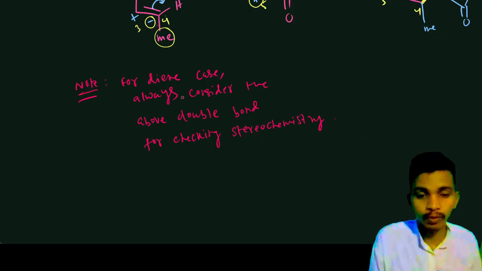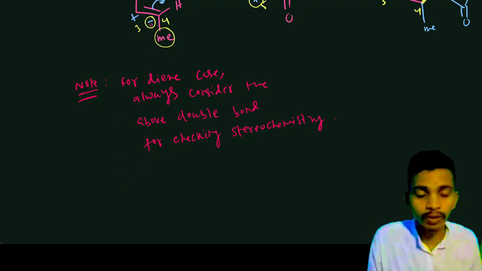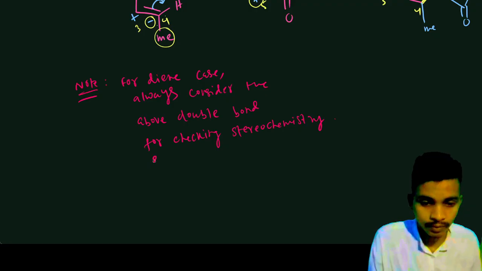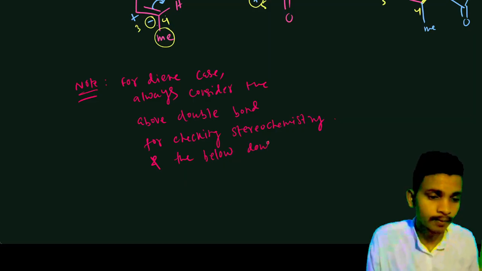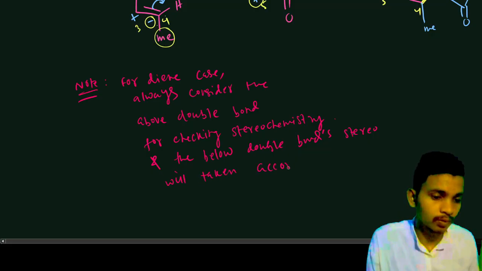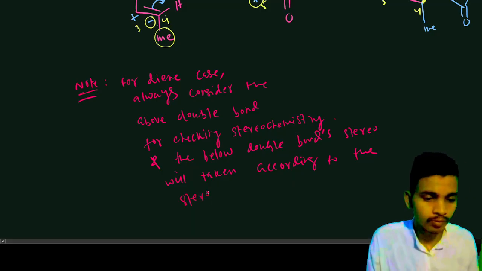Okay, so it means that we always look at the above double bond, and the lower double bond will be taken according to the above double bond. The below double bond's stereo will be taken according to the stereo of the above double bond.